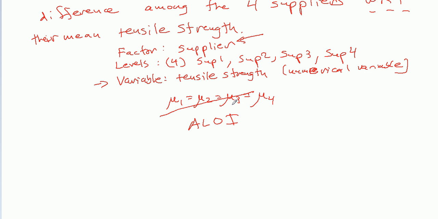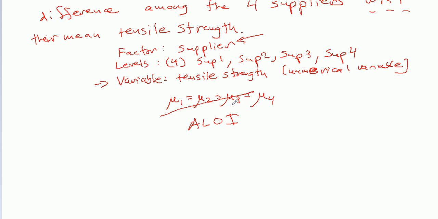There's a lot of possibilities. In order to explore those possibilities and find out specifically where those differences may be coming from, whether they're all different than each other, whether it's just one that's different than the others, one-way or one-factor ANOVA won't do that for you.